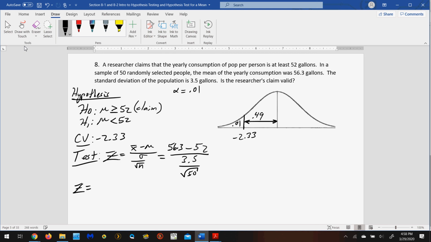Punch all of that in at once into a calculator, and you should end up with, I believe it's 8.69. Yeah, that's huge. But sometimes this happens. Now I'll have to put 8.69 on my picture, which will be just somewhere over here. And next I'll have my decision and conclusion.